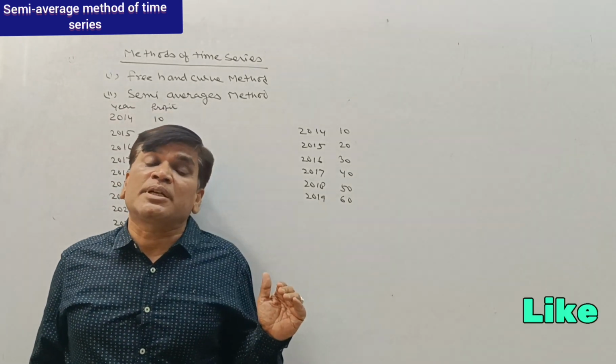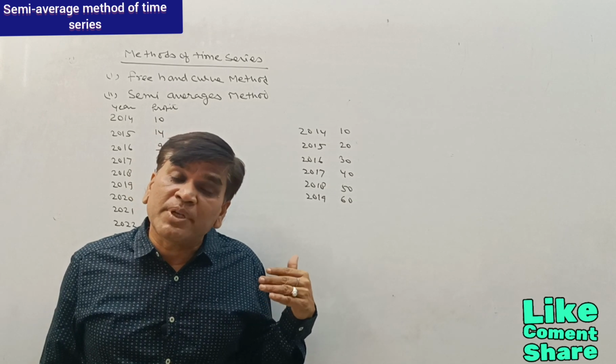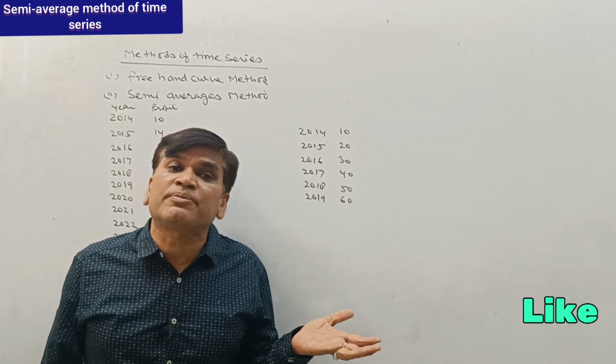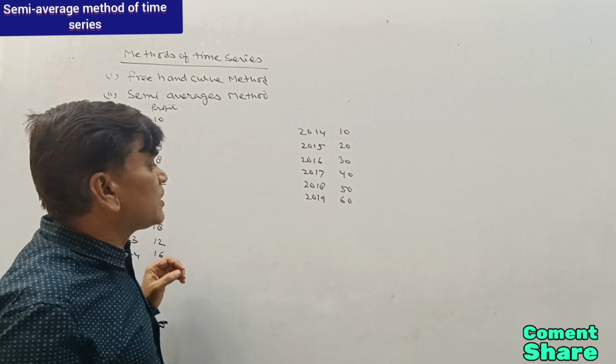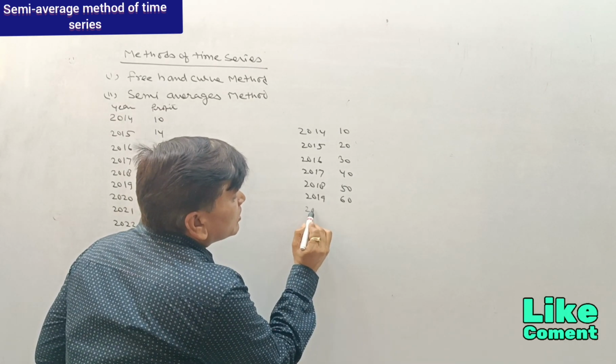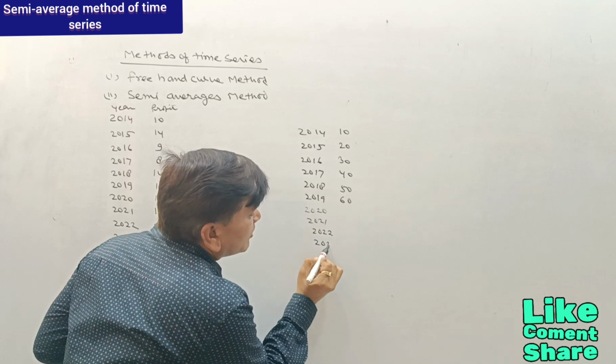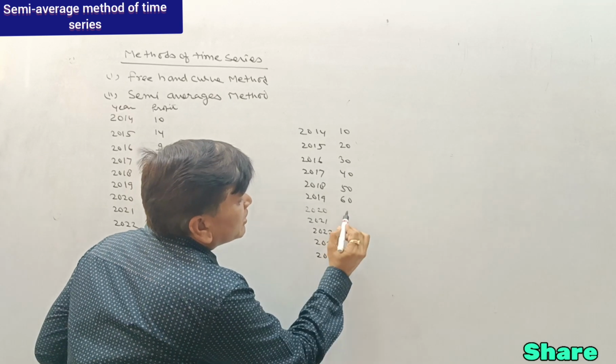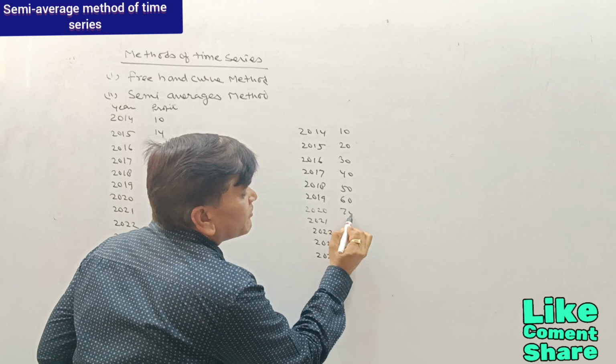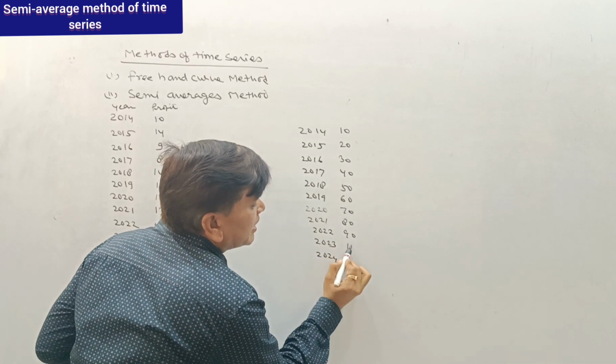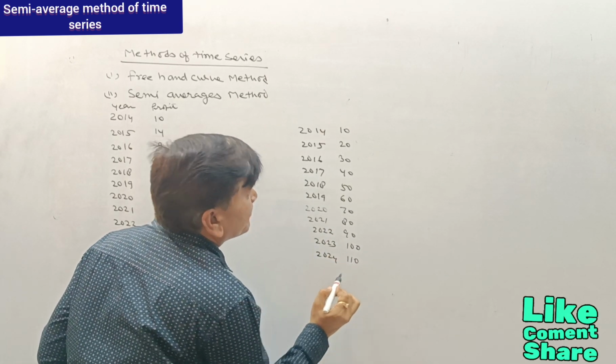In such a condition, if someone asks for the forecast for 2025, suppose this is 2020, 2021, 2022, 2023 and 2024, with the same ratio of change: 70, 80, 90, 100 and 110.